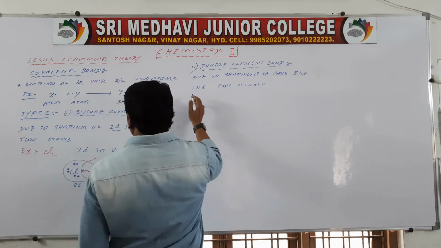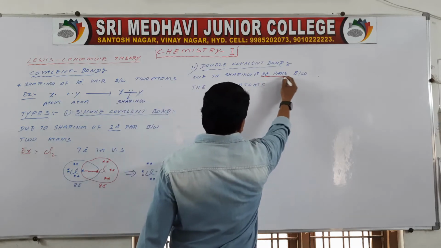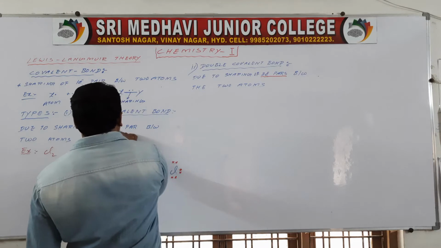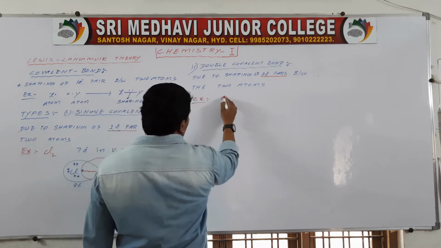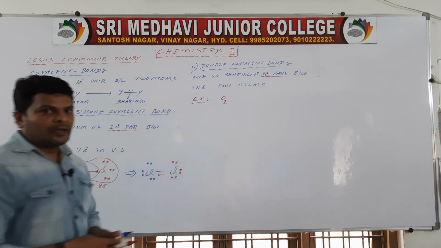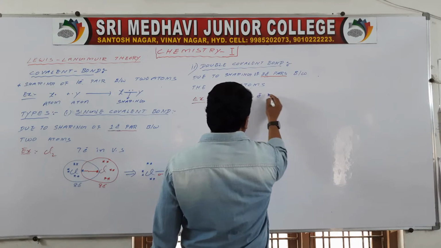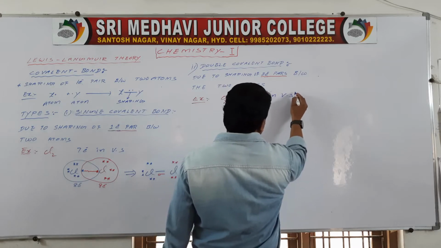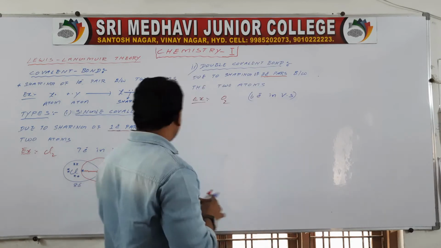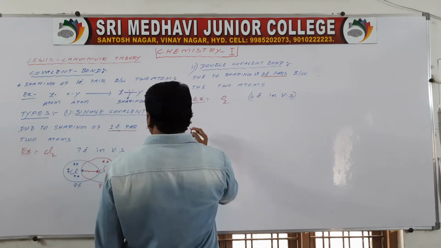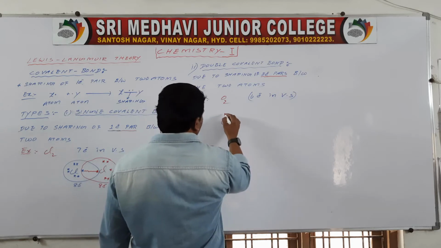So for example, oxygen. Okay, it has 6 electrons in its valency shell. How many electrons? 6.